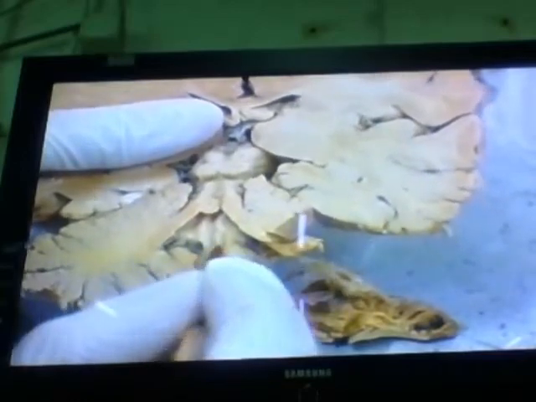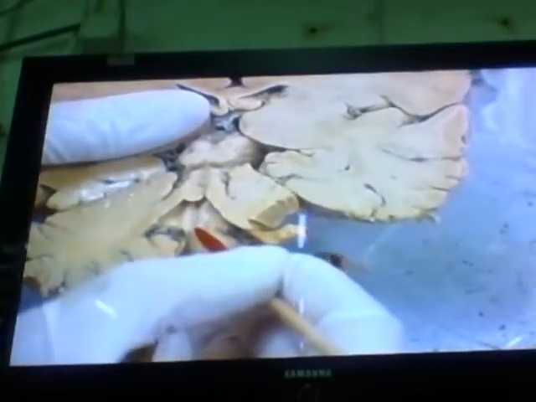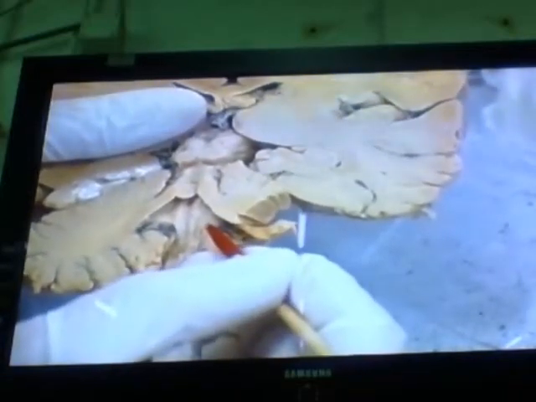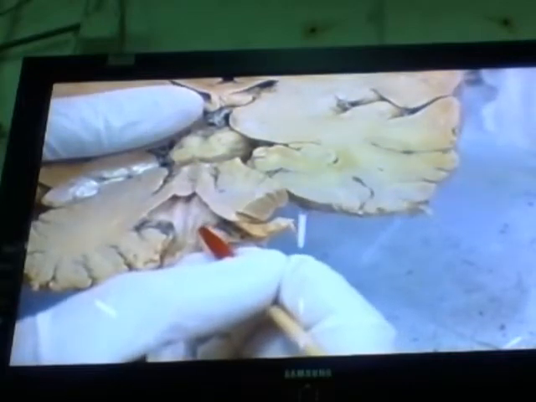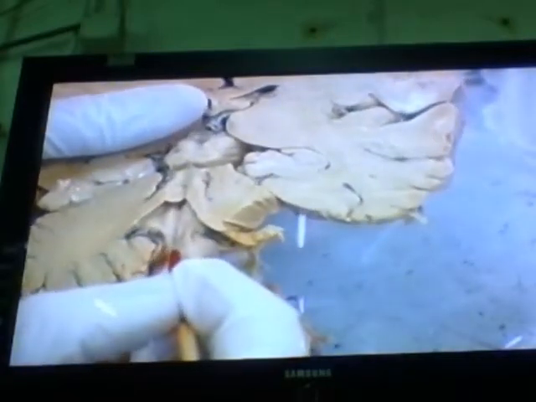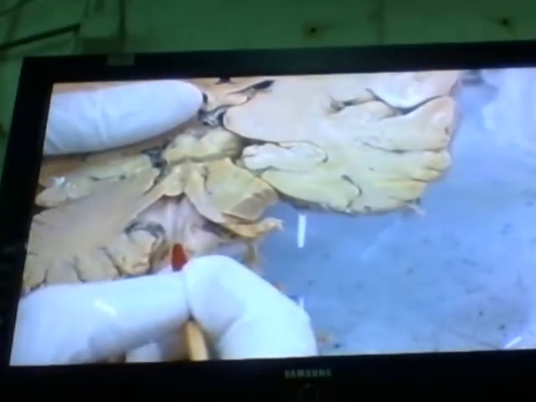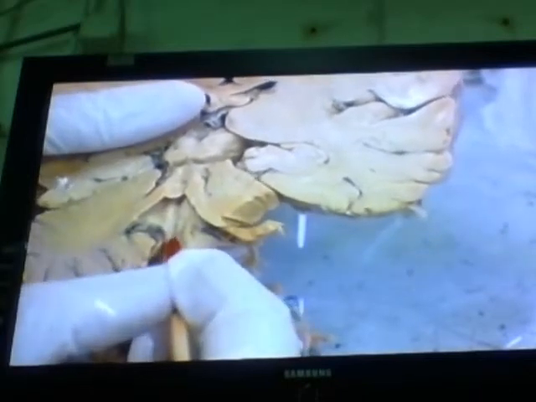You have the facial colliculus, and remember the facial colliculus is made by the fibers of the facial nerve winding around the abducens. Okay? So you have the facial colliculus at this level. Okay? You will have the vestibular area more laterally. Okay? So if we go to the medulla oblongata level, what do you have at this level? What is the name of this level?